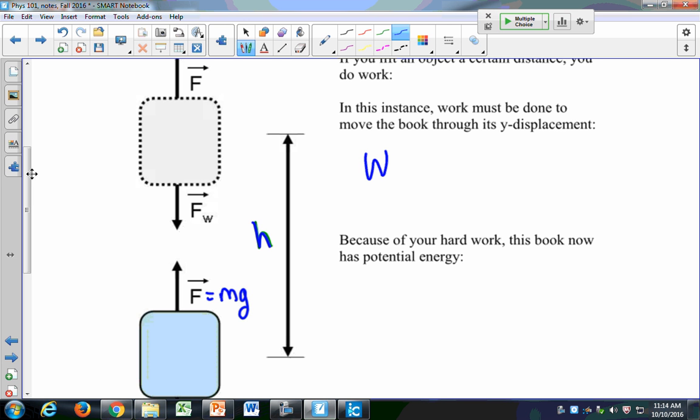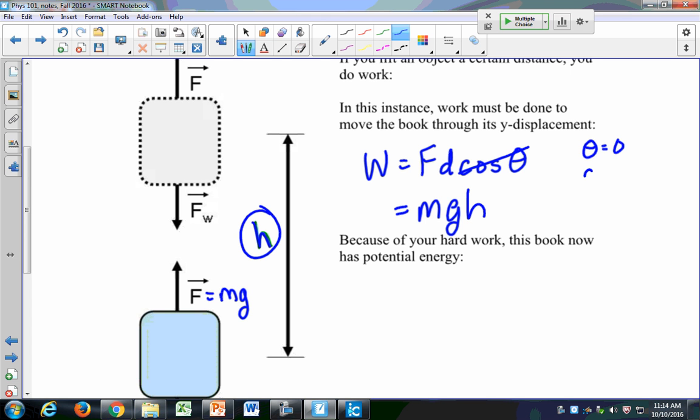Remember, work is equal to my force times my displacement times the cosine of theta. The force that I've applied is m times g. The distance over which I've applied it is this distance h. And the angle between the two is 0 degrees. So this just goes away because the cosine of 0 is equal to 1. So theta equals 0, cosine of 0 degrees equals 1.